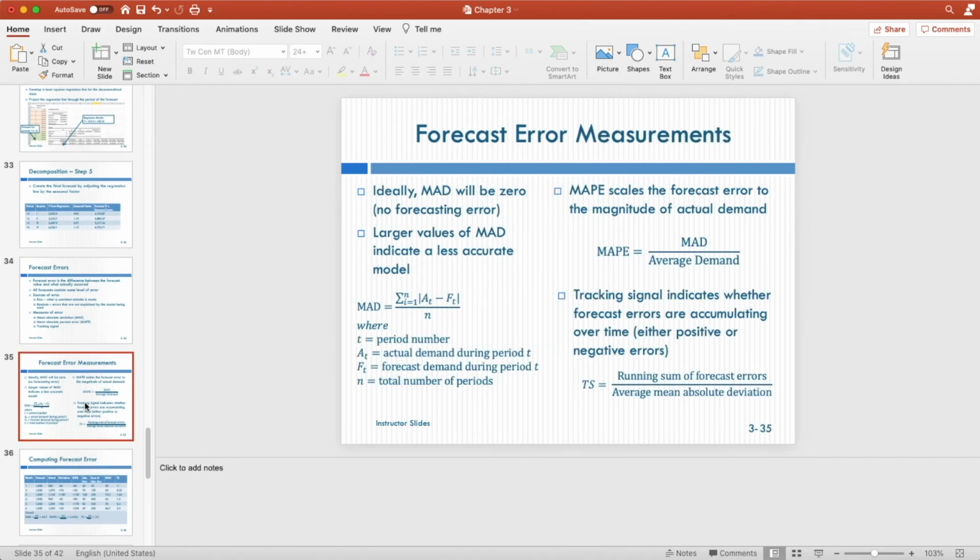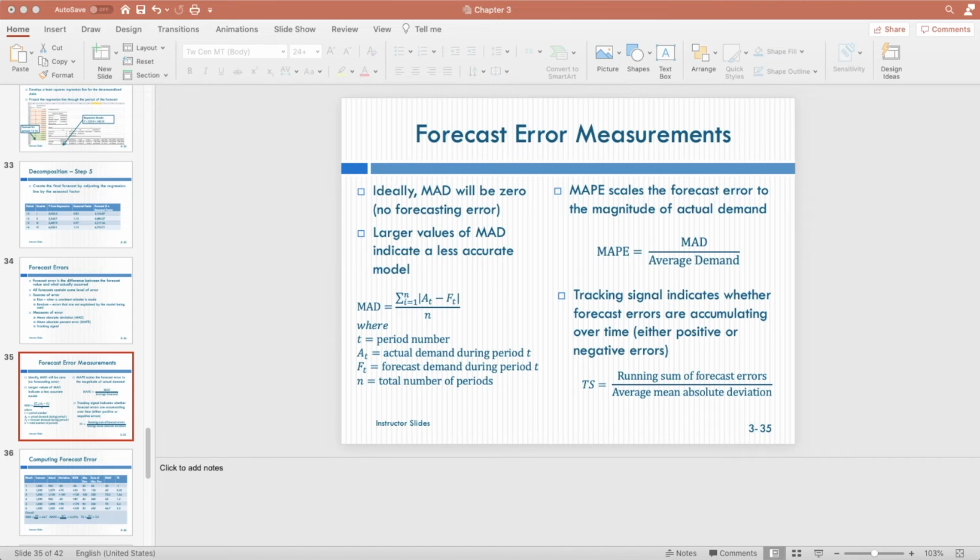First, let's look at the forecast error measurements, starting from the mean absolute deviation. Ideally, if there is no difference between your forecast and actual amounts, the mean absolute deviation should be zero. When the mean absolute deviation is higher, it means your error level is higher.